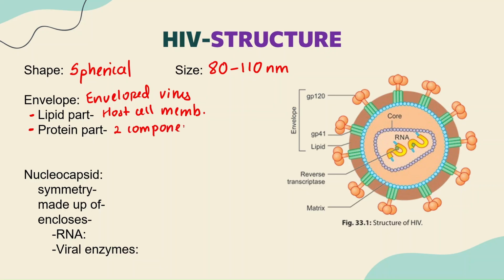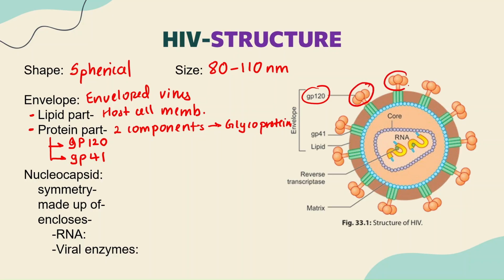Both the components are nothing but glycoproteins. The two components are glycoproteins, guys. It is made up of glycoproteins. And the two glycoproteins that are a part of the envelope are GP120 and GP41, guys. GP120, from the diagram it's very clear, these structures here are the glycoprotein 120.